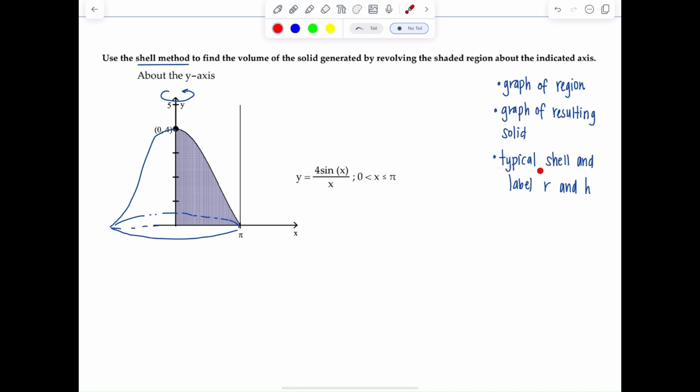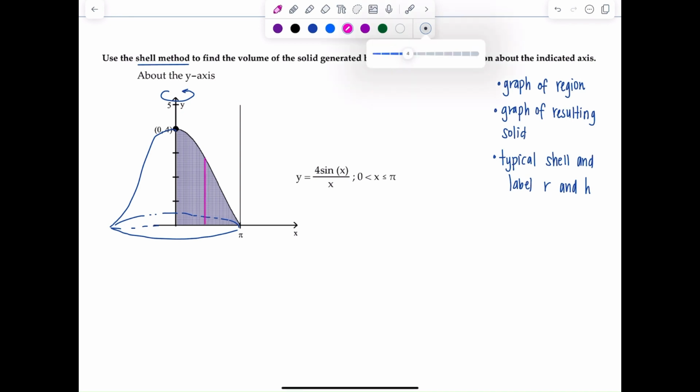Typical shell. This is always difficult for students. So here we go. I'll show you my foolproof method. If you spun around a vertical line, and it's time to draw a typical shell, draw a baby vertical line segment in the original region. We spun around a vertical line, so here's another little vertical line.